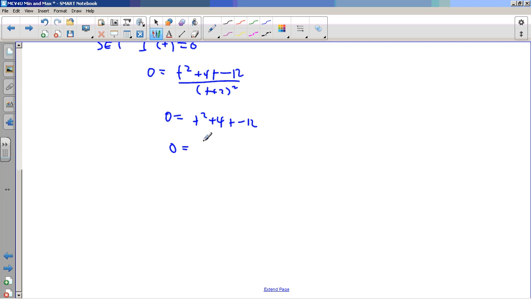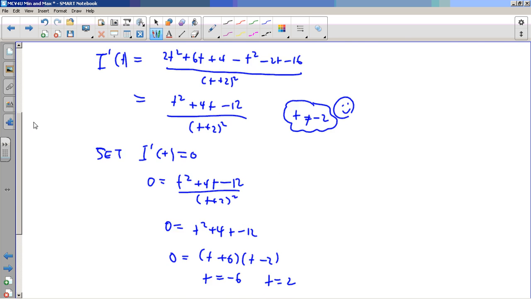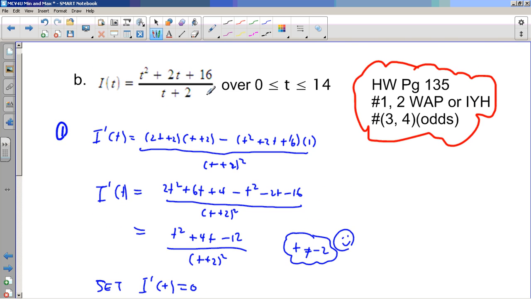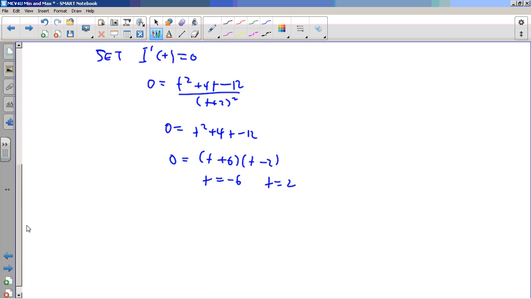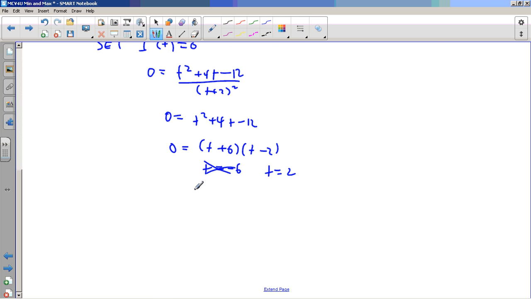Sometimes you got to use the quad formula, but 6 and minus 2, so I get t equals -6 and t equals 2. Notice the -6 is out of our range, right? So I don't have to worry about that one. And so from my derivative, I just have the one value. These are the possible candidates for minimum and maximum value.